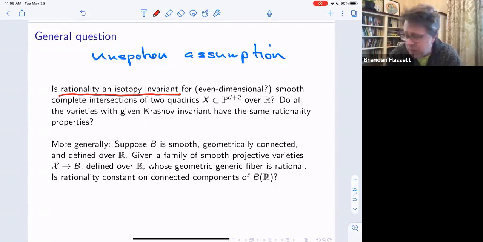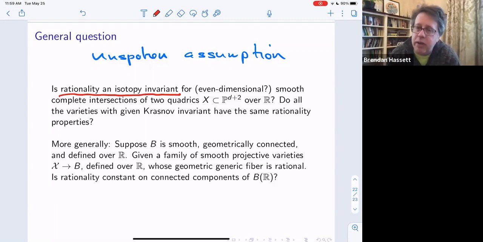Now, my suspicion is probably not, but I don't know an example where you have uniform rationality over C and rationality isn't determined by isotopy type. Probably one of you will just come up with an example in real time, and I'll burn these slides so that they're never seen again. But I don't know an example off the top of my head.